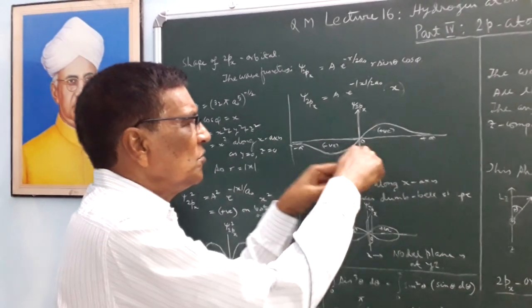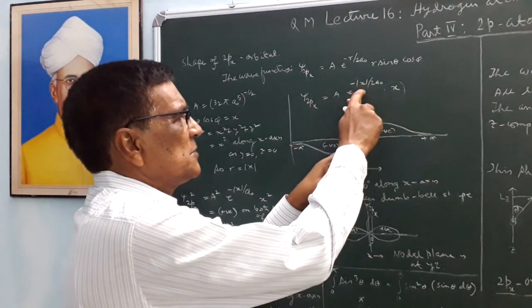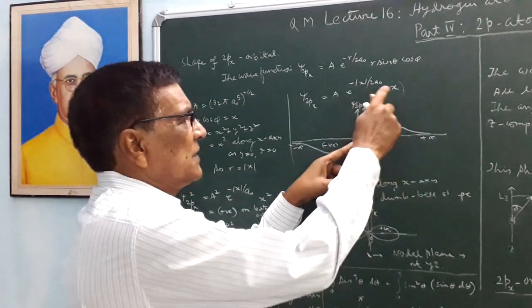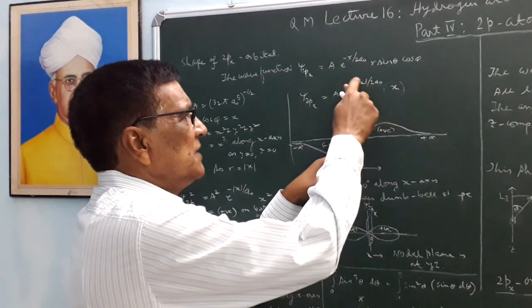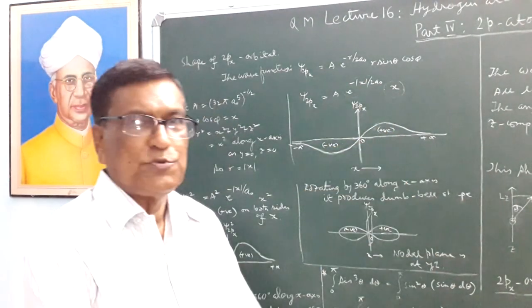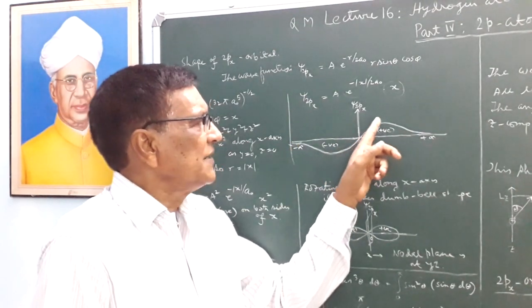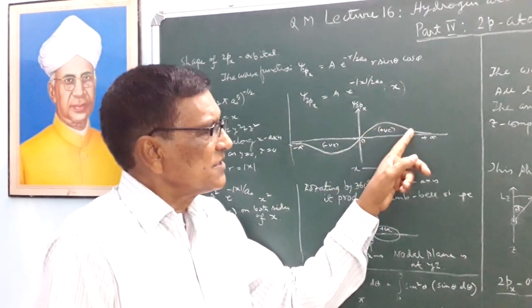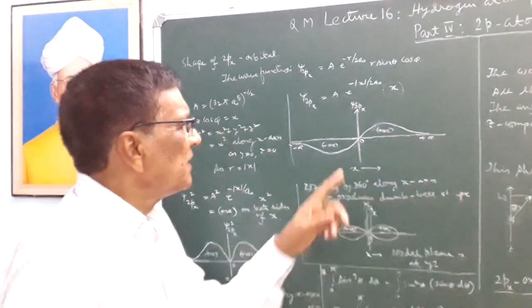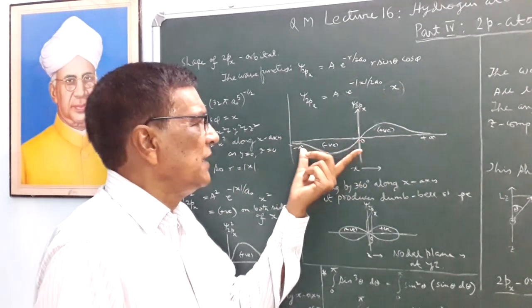Here is the non-exponential term, and here is the exponential term. With an increase of x, this one is increasing, but the exponential term is decreasing, so it is a Gaussian-like distribution. So psi 2px starts from 0, attains a maximum, and then decreases to 0 when x equals plus infinity.